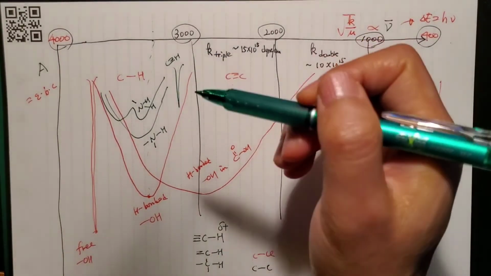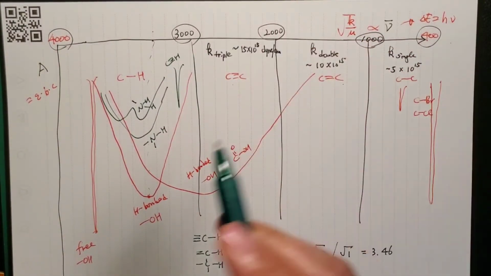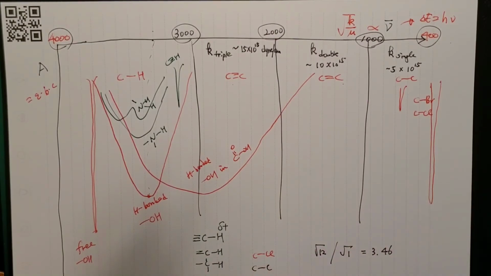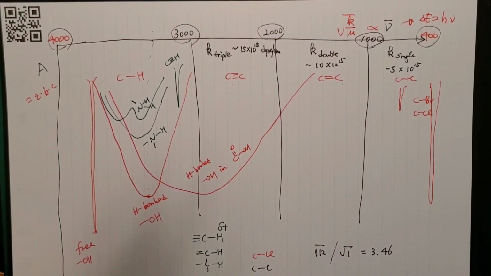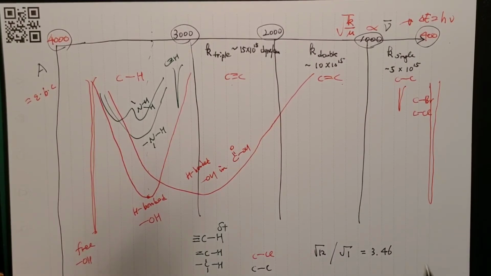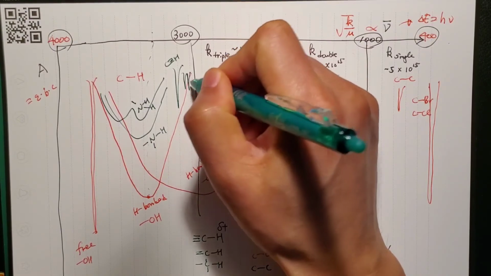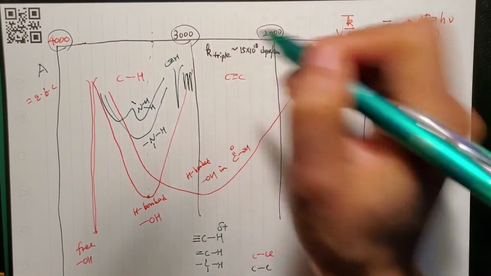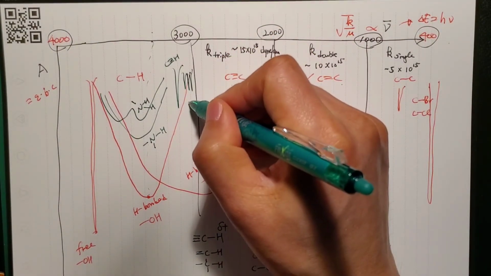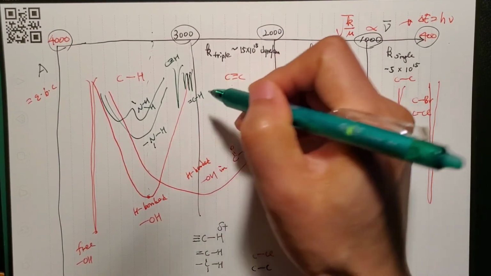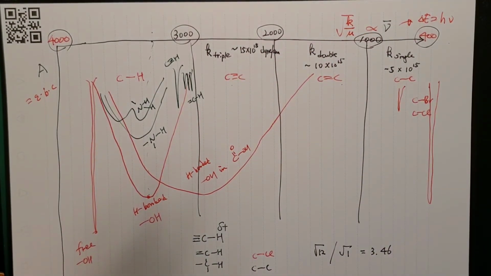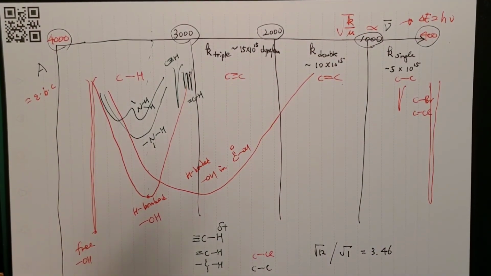So I would rather go by the intensity and overall situation, and we will develop the concept again later. So you expect one or two or maybe even three, it depends, for the sp2 CH stretchings.